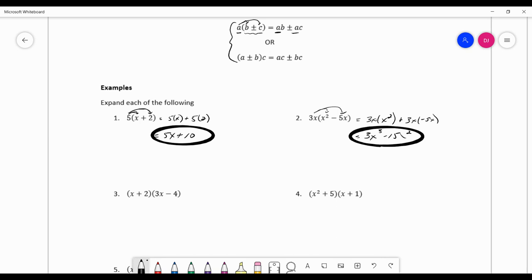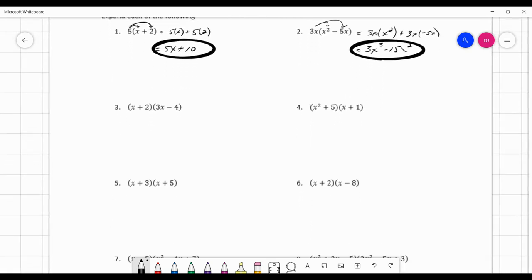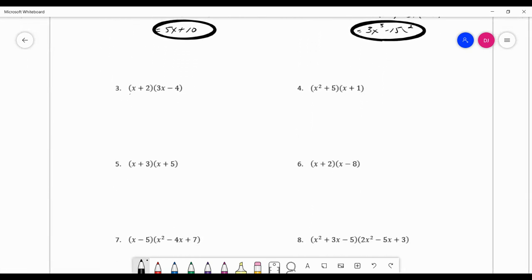Now in number 3, rather than just having a constant like 5 or an algebraic term like 3x, instead of having a single term multiplied to the 3x and the negative 4, we have the quantity x plus 2 times the quantity 3x minus 4. The way that we're going to handle that is we're going to take the x and distribute the x to both the 3x and to the negative 4.